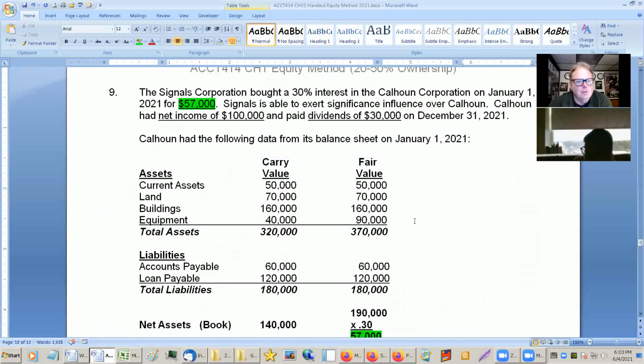So for the amortization, we would debit equity income and credit investment income, and that would be 15,000 divided by 3, which would be 5,000. So we would be debiting equity income and crediting investment income 5,000.